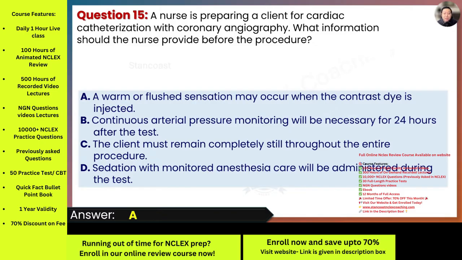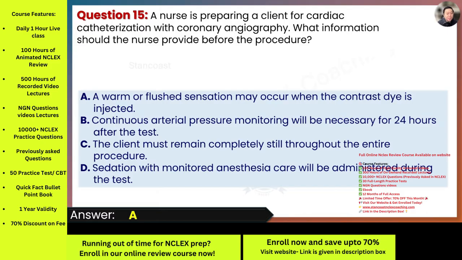And this is a common side effect of this injection, a temporary warm flushed sensation, often felt in the face and the chest area. And in some cases, patients may even feel a transient urge to urinate. And so informing them about these expected sensations would help the client reduce their anxiety and prevent any surprise during the procedure.